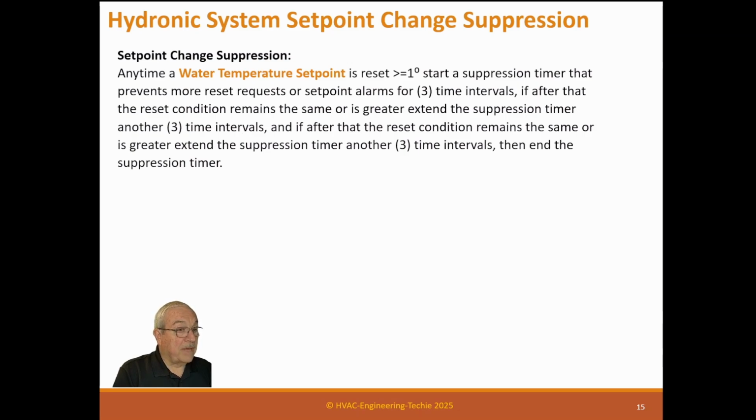It may be because the mass is so large, it's going to take longer. That's what we're trying to do: we're trying to get somewhere around 30 minutes of suppression of the alarm and suppression of the resets. So this is per set point. If you have a whole bunch of set points, the others may be doing other things, but for each one, you're going to put this suppression formula in place, and it will help it stay stable.